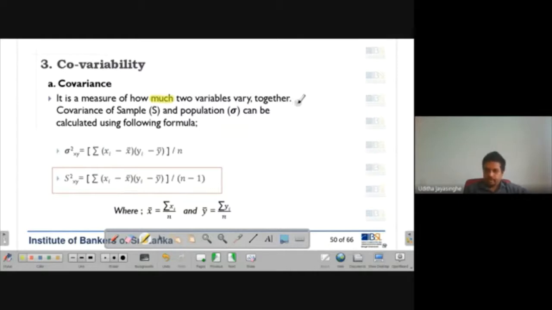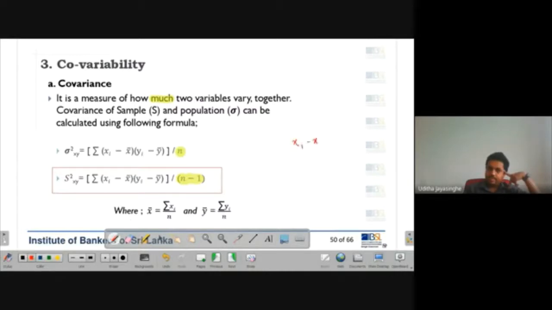Now, typically, for the sample and for the population, we have two instances. Like in any argument of sample and population, the only difference is n versus n minus 1 for the sample. So you could recall the variance equation.